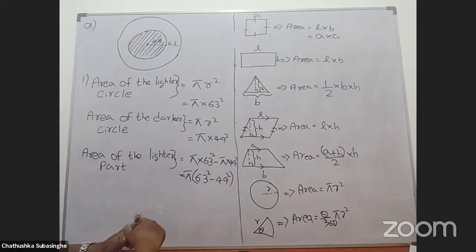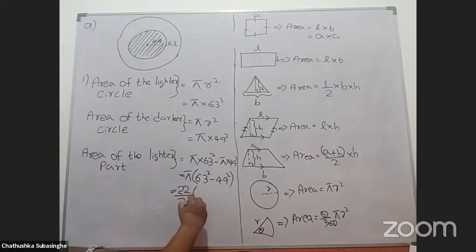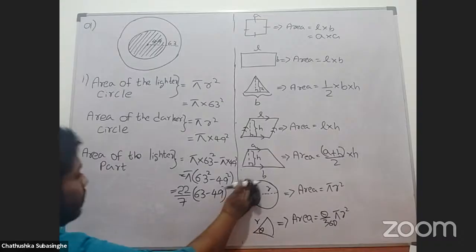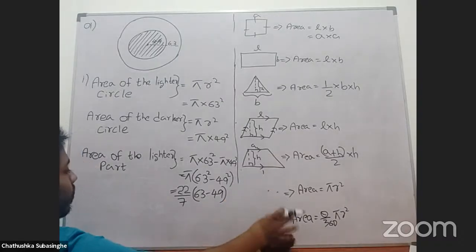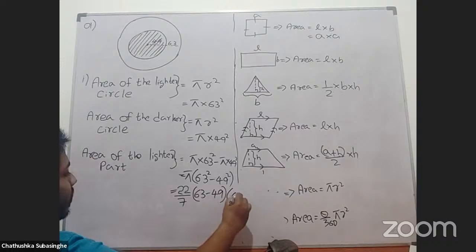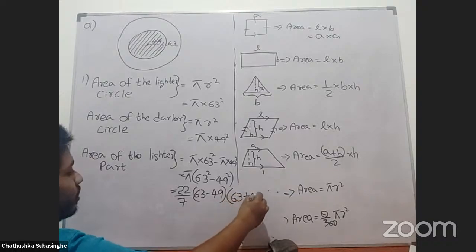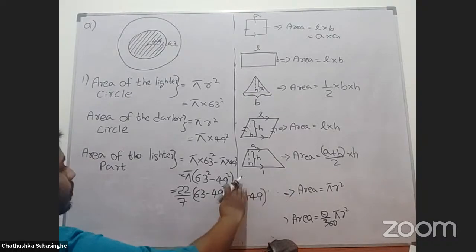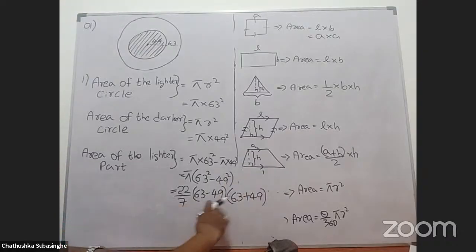So what I am going to do is I have pi, which means 22/7. I can write this as 63 take away 49, then 63 plus 49. Likewise, I can factorize it.